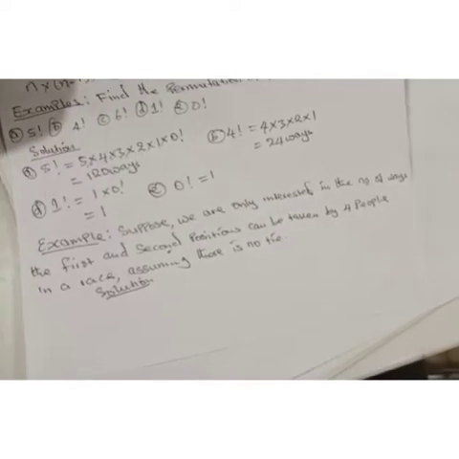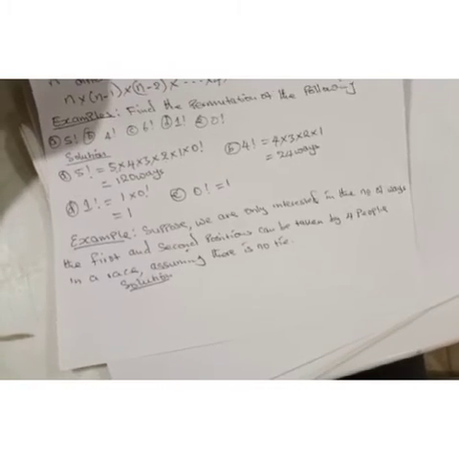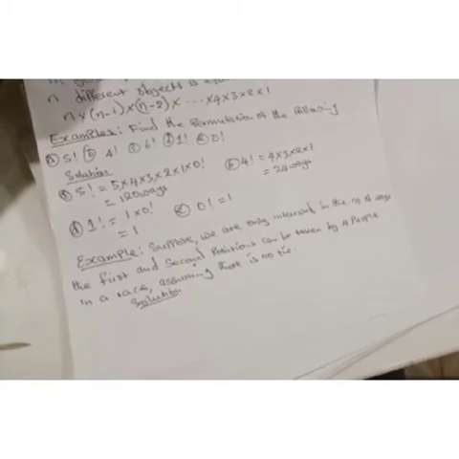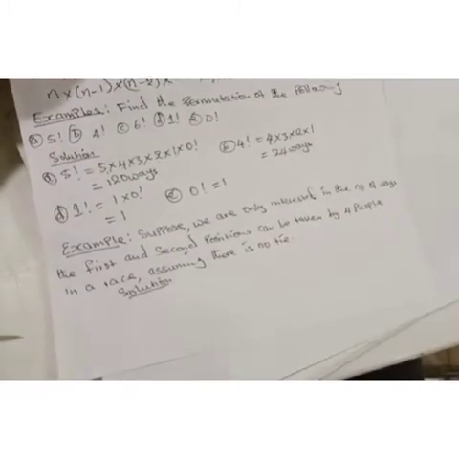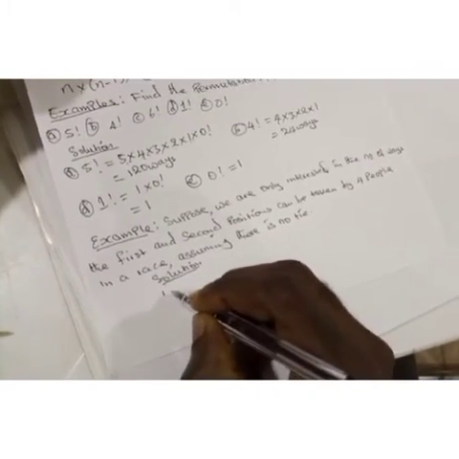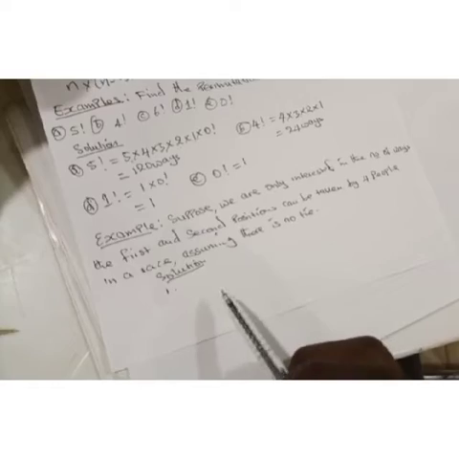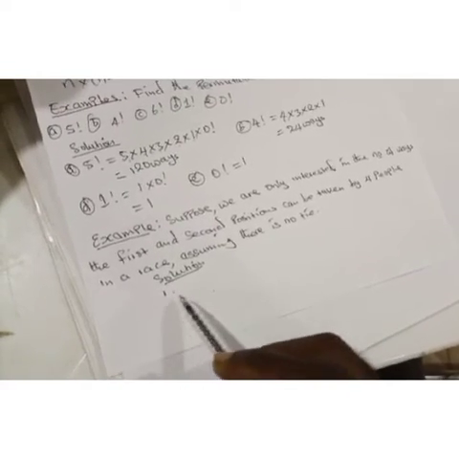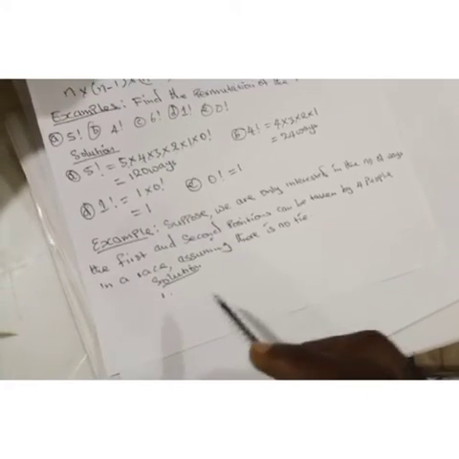The second position can be taken in three ways by the remaining three athletes. So the number of ways the first and the second position can be taken: as in we have four athletes, when the first one we take in four ways, then it will remain three.